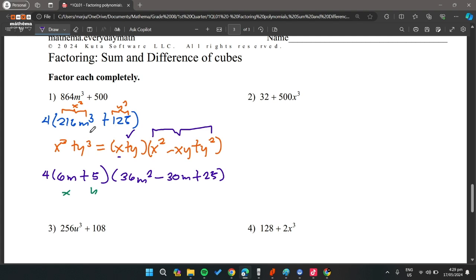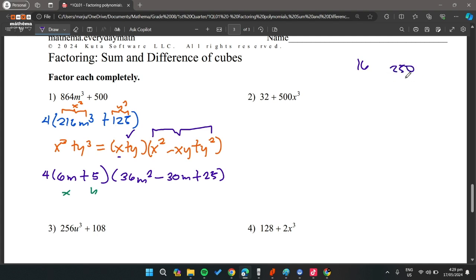Let's do number 2. What will happen here? Let's try to factor out 32 and 500 first. We can actually factor out 2, and we will get 16 and then 250.